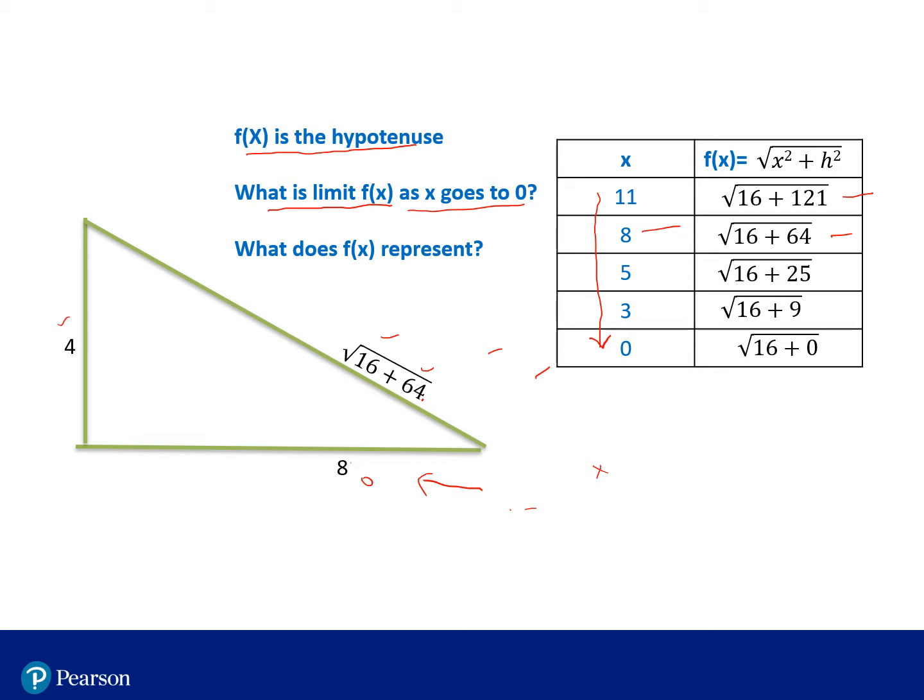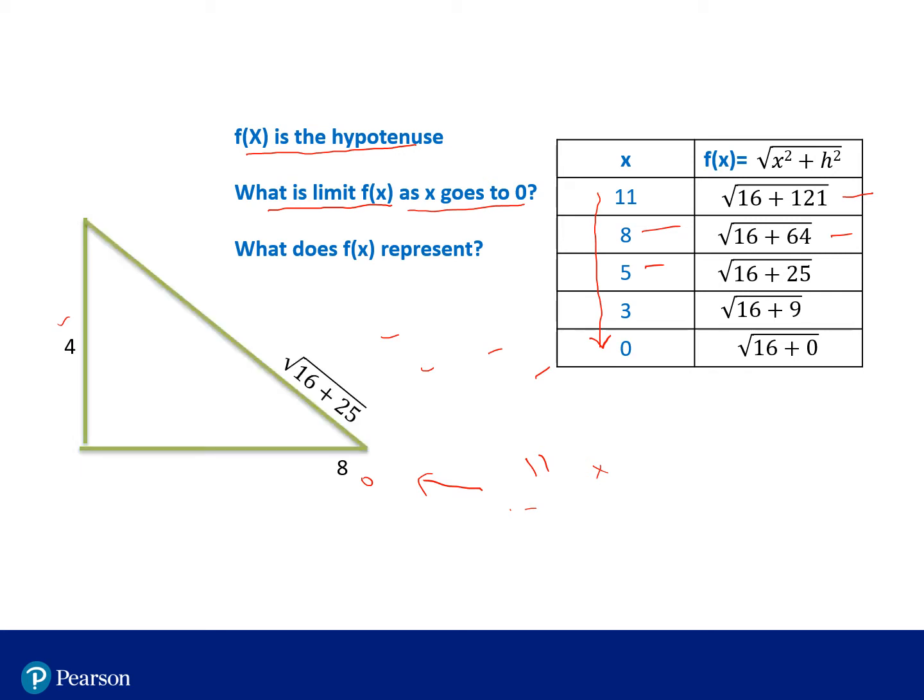And we can continue this way. Next, the value is going to be 5, so we're going to reduce the adjacent, because x is moving towards 0. X moved from 11 to 8, and now it will move to 5.